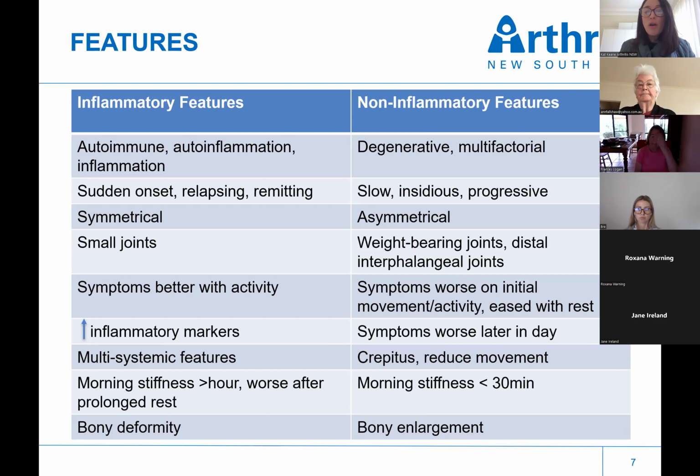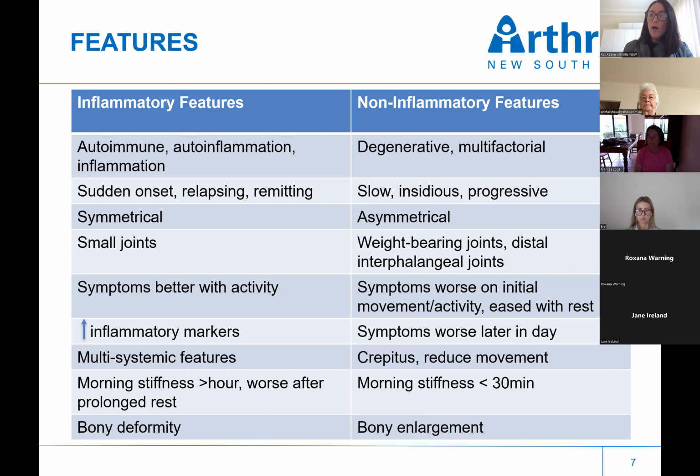Compared with the non-inflammatory features, this is often degenerative. It's an insidious onset. And again, it's very multifactorial in terms of the reasons and causes behind the development of arthritis, or in this case, osteoarthritis. Often, osteoarthritis affects the body in an asymmetrical pattern.